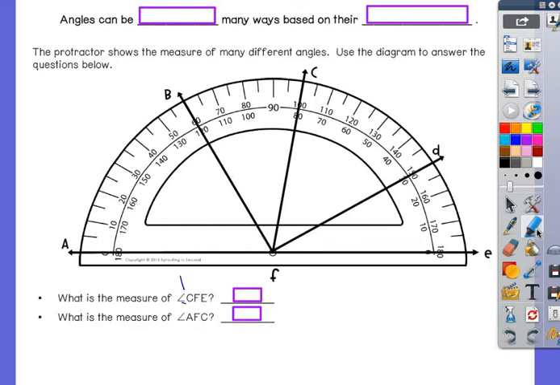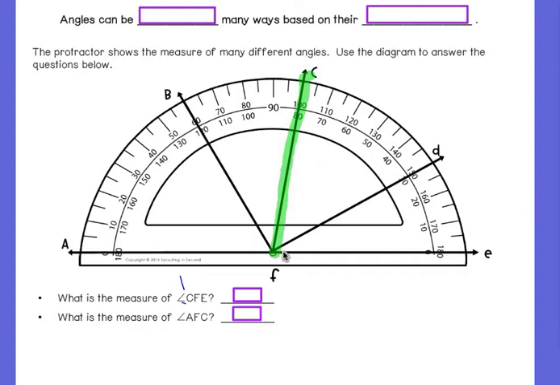The corner letter is right here in the corner where it takes the turn to a different direction. So in this case, my middle letter is F. So I'm looking at angle CF, taking the turn E. So that is my angle. If you have your highlighter, you can highlight yours. CFE.